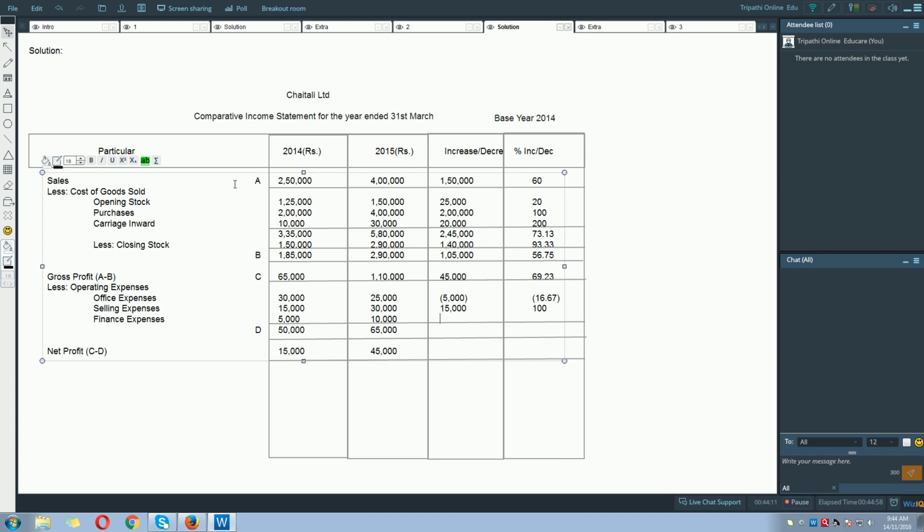Office expense, there is a decrease of 5,000, so we'll have to put it in brackets. And percentage, 5 into 100 divided by 30, 16.67%.